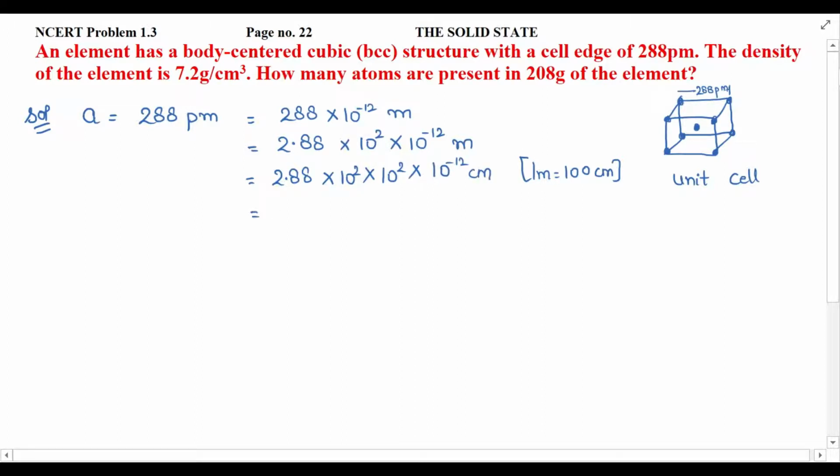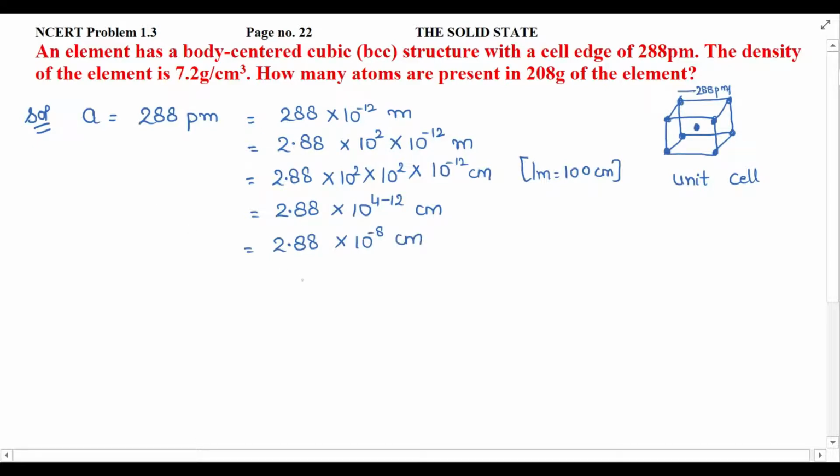So we are having powers in multiplication, that means we can simply add them. So it will be 2.88 into 10 raised to power 2 plus 2, that will be 4, minus 12, right? So 4 minus 12, that will be minus 8. So 2.88 into 10 raised to power minus 8 centimeter.